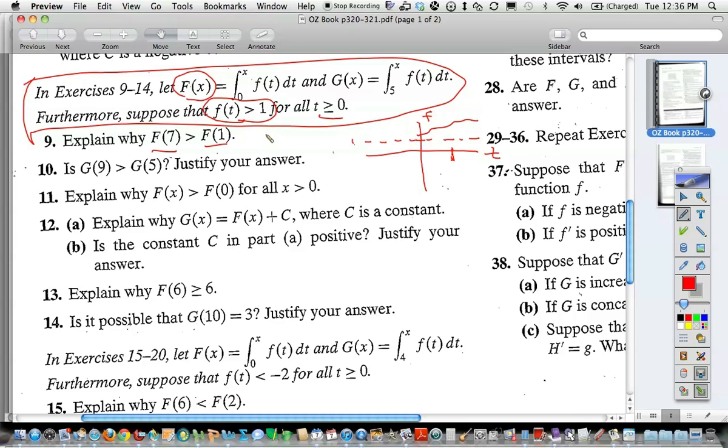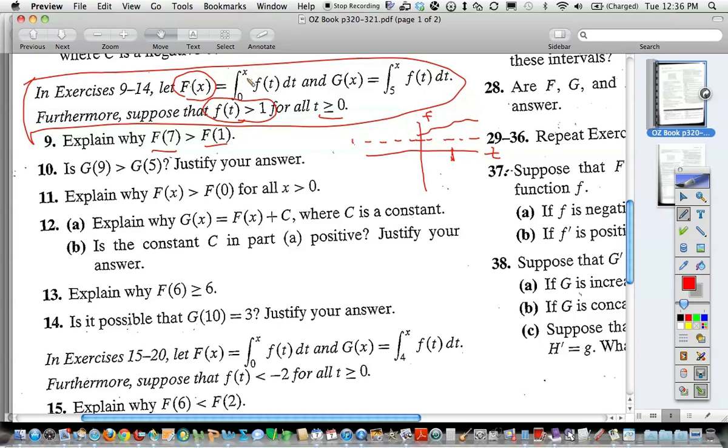Let's talk about it not in terms of area, but let's talk about it in terms of the chart. Okay? So we see this funny looking symbol, this area function symbol, and we think right away what? Antiderivative. Now, this is something that if it was a free response question, I want you to start getting in a habit of when you see these area functions.